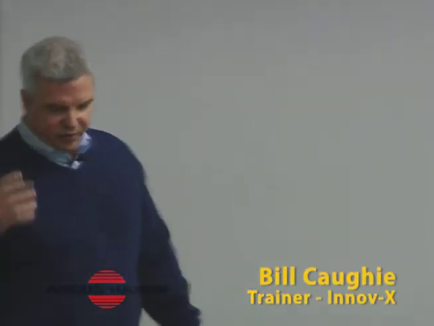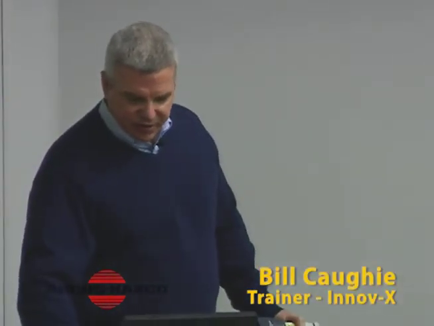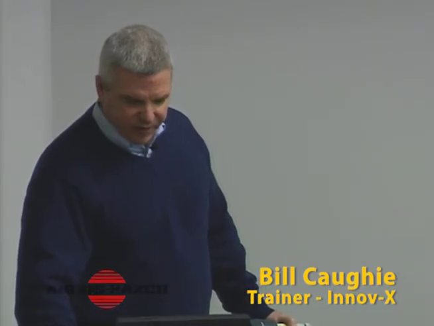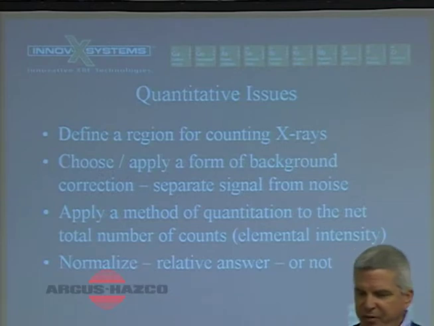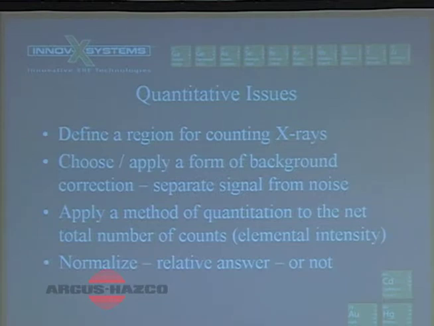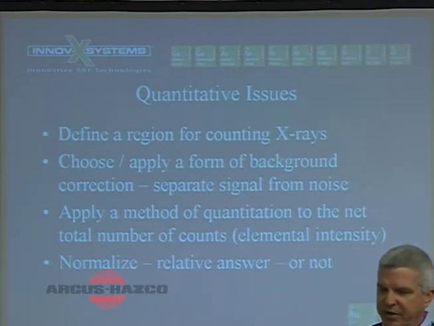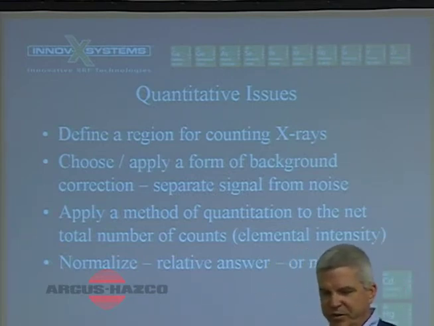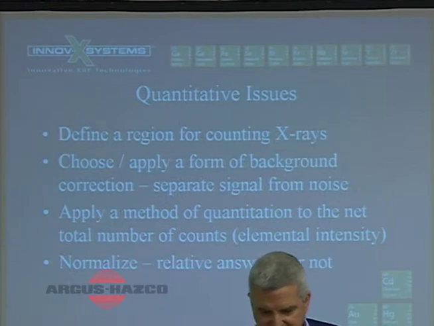And then there are mathematical algorithms in there that are way over my head that figure all this out. So we tell the instrument, okay, gold is this region, lead is this region, whatever. And with the mathematical algorithms, they're doing background corrections to separate noise and signal and so forth.